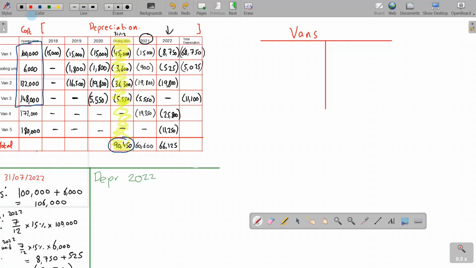So if we add up 106,000, which is van and the cooling unit, 132,000 and 148,000, we get 386,000 as our opening balance, or balance brought down from the end of 2020. So this is 01/01/2021. Perfect.